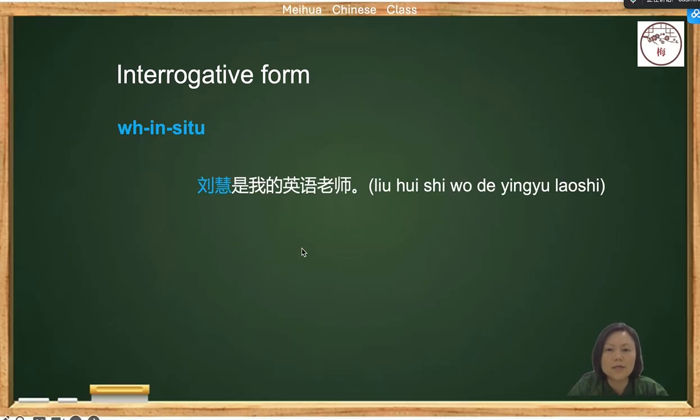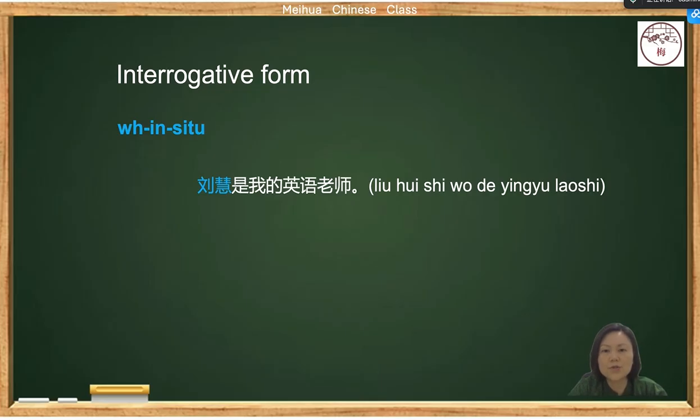So let's look at an example. 刘慧是我的英语老师. Liu Hui is the name of a person. 是 means is. 我的 my English teacher. Liu Hui is my English teacher. This is a declarative sentence, right? So how can we ask about this sentence? How can we ask about the subject?